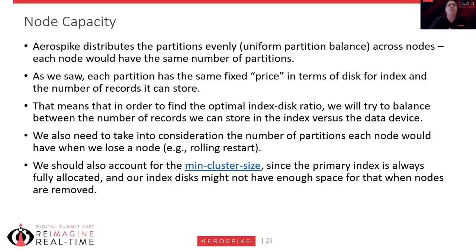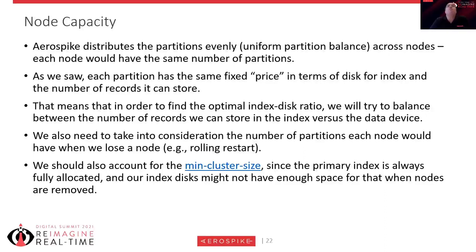In terms of node capacity, since we divide the partitions between the different nodes, the partitions will be divided evenly, and we'll understand the size that needs to be used in terms of disk and index, and how much those can store in each of the nodes.